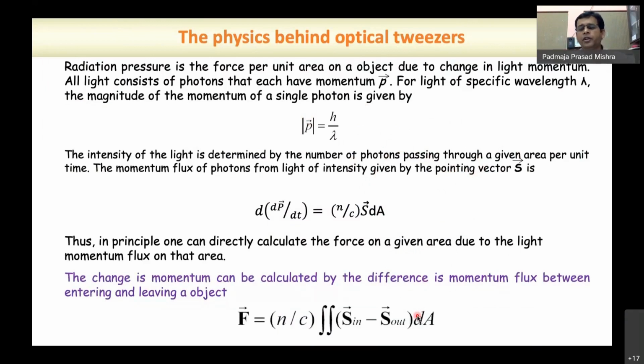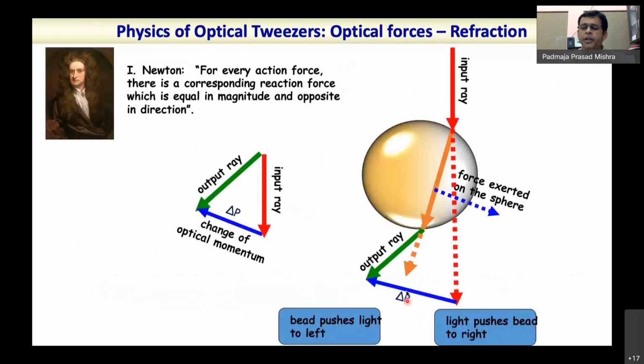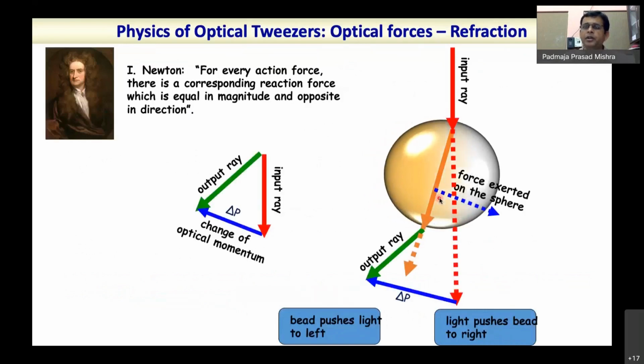Eventually that gives a pressure sufficient to move the bead. The momentum is changing in this direction, the force is working in this direction, so the bead will move a bit towards the right.